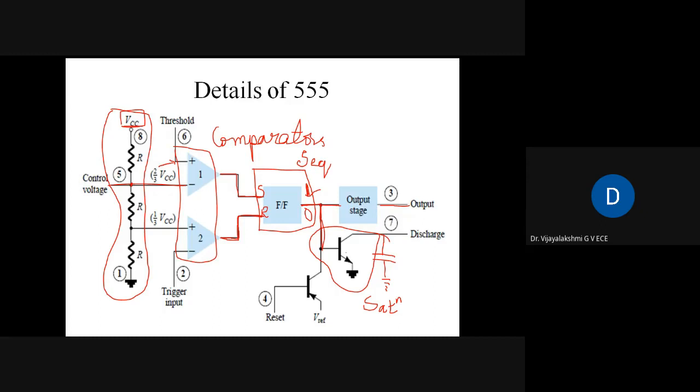Whenever the transistor is in saturation, the capacitor will discharge. Whenever the output of the flip-flop is 0, it will drive the transistor into cutoff. Now the capacitor will start charging. I'll tell you the importance of this charging and discharging when I tell you about the working of the 555 timer.